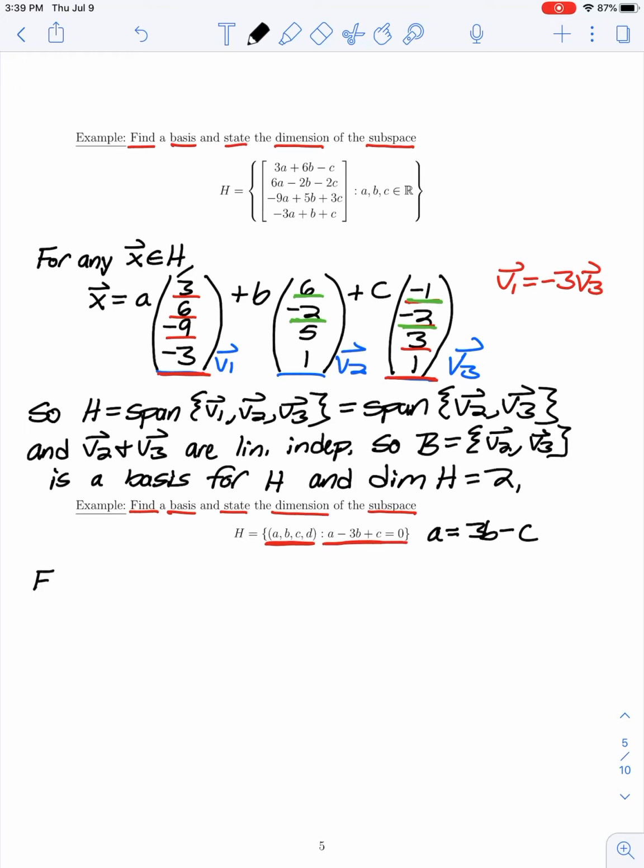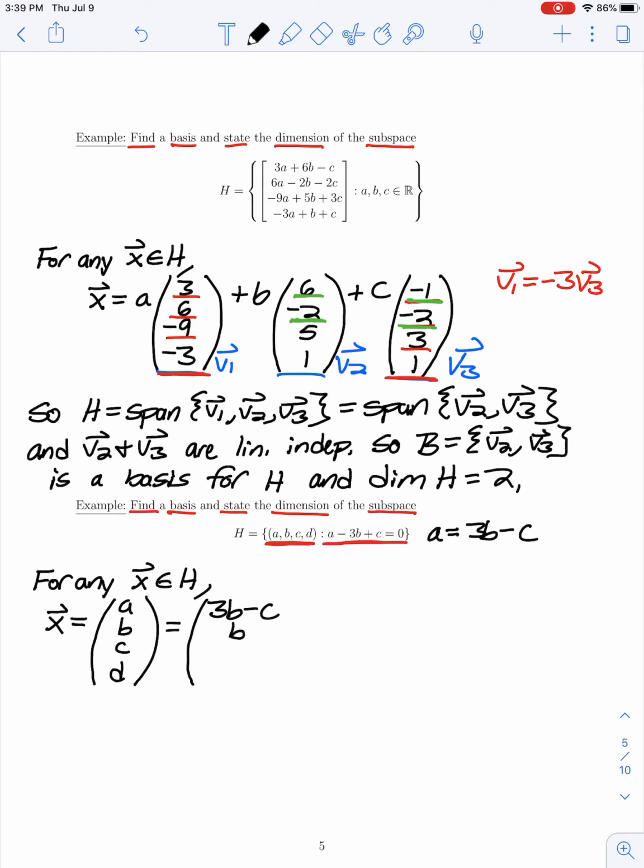So here, for any vector x within this subspace H, we can write x in the form A, B, C, D. However, we're given in the definition of this space, A, the first component, is equal to 3B minus C. And then the other components, B, C, and D, are the same.